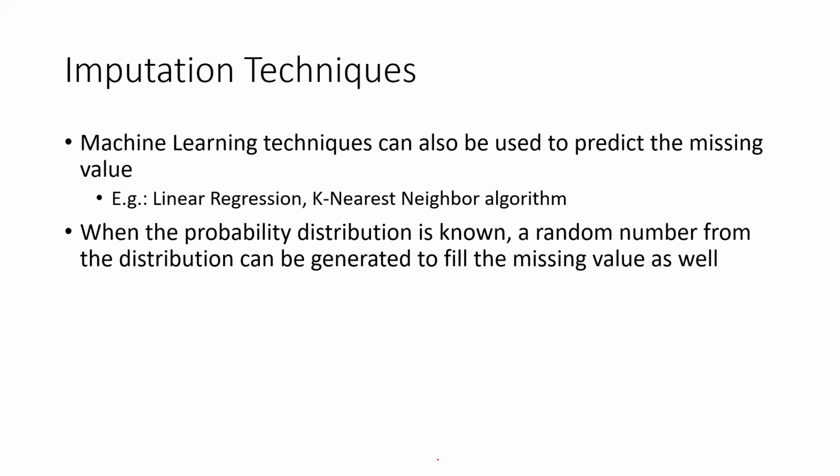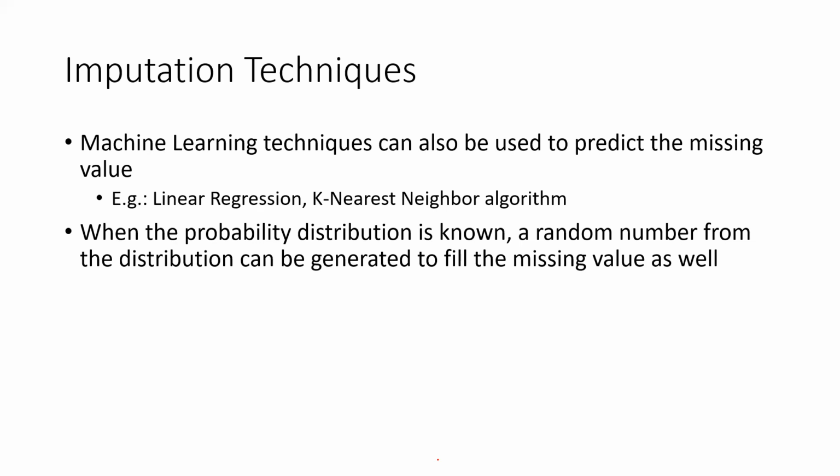Or you can use, we haven't discussed this yet, the k nearest neighbor algorithm for clustered data, where you find how nearby data points can be used to estimate the value for that particular unknown data point.